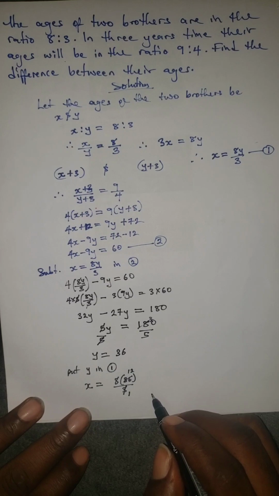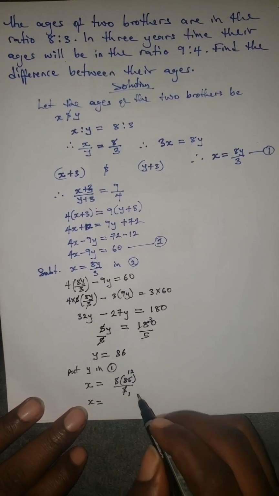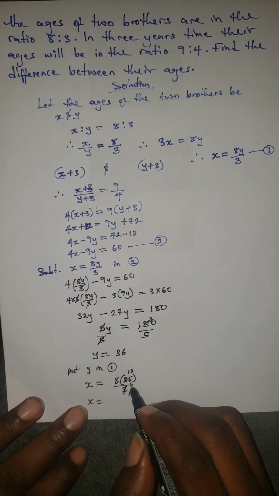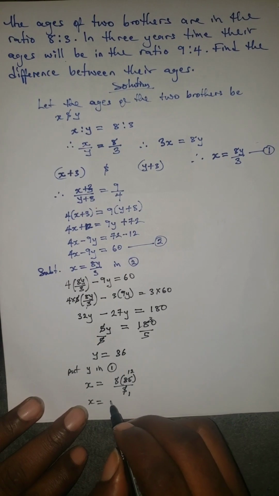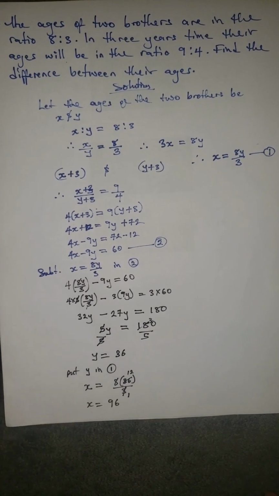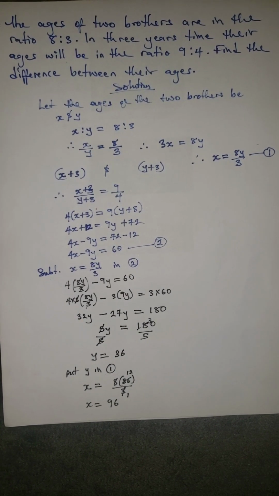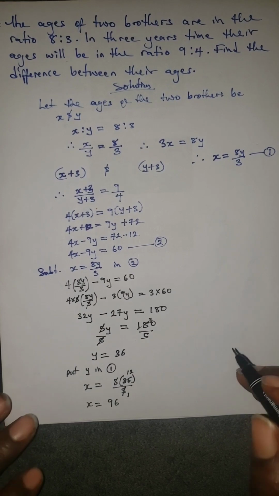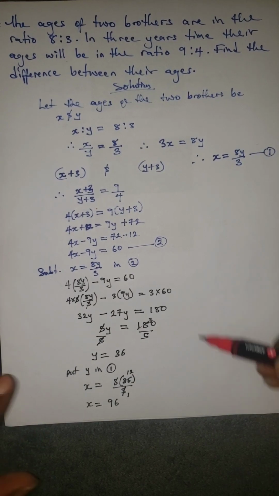So 8 times 12, that will give us 96. So we are getting quite a high number. So we need to check our answer to be sure. Before that, let's conclude our answer.